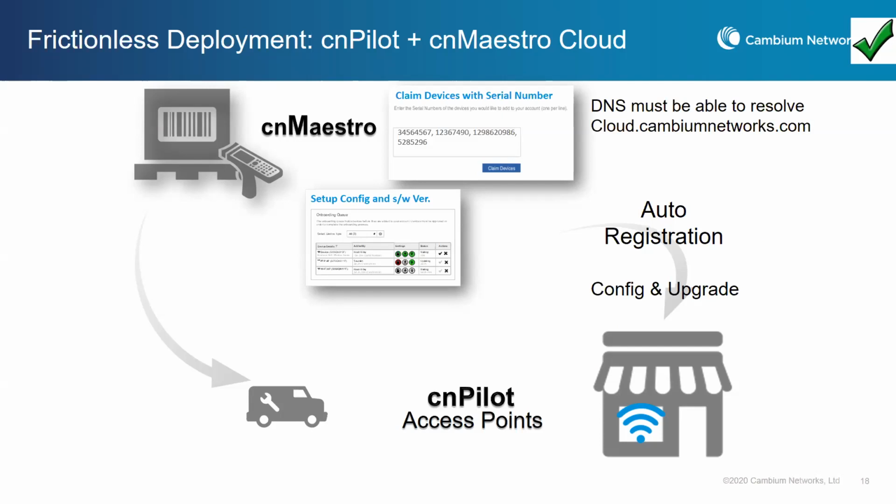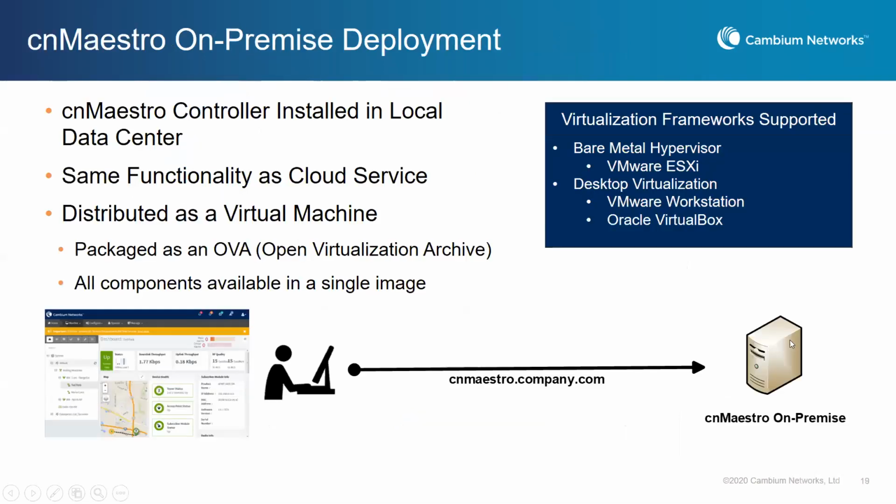You just plug the device into the network and it will automatically phone home. The CN Maestro can also be deployed on-premise, whereby you have a bare metal hypervisor or desktop virtualization.